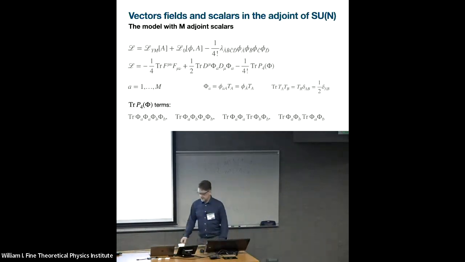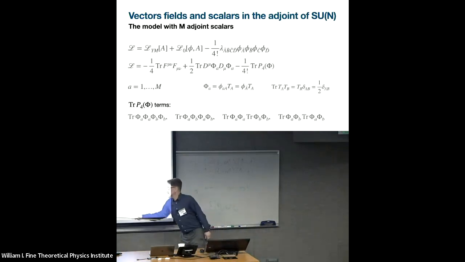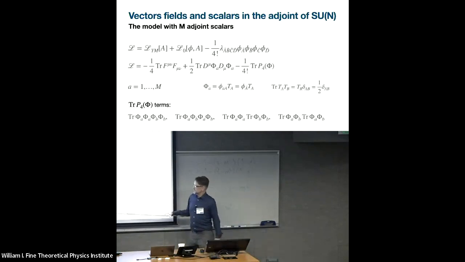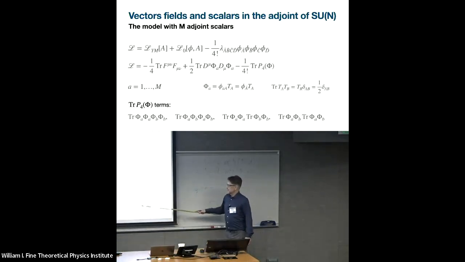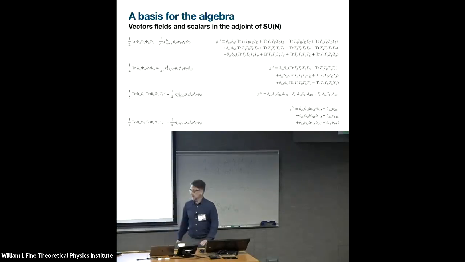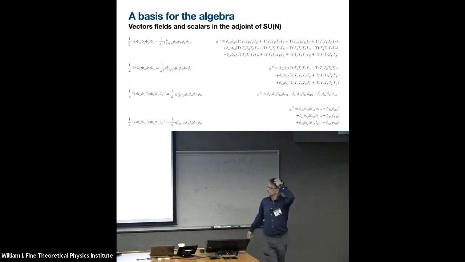This is a repeat of the notation. These are the objects of interest. You can notice that there are two single trace operators and two double trace operators. They have different properties, and we'll see that very clearly when we look at the algebra.